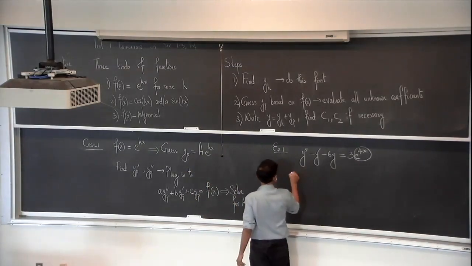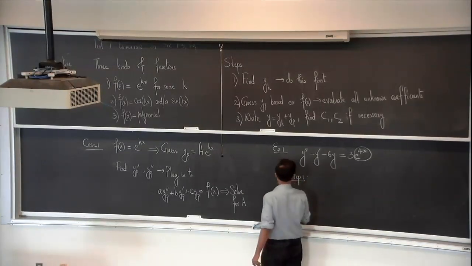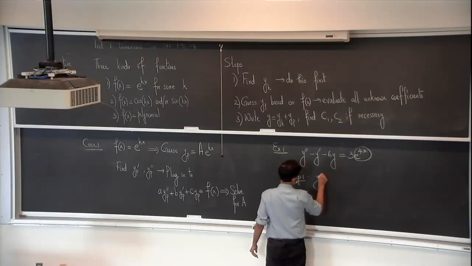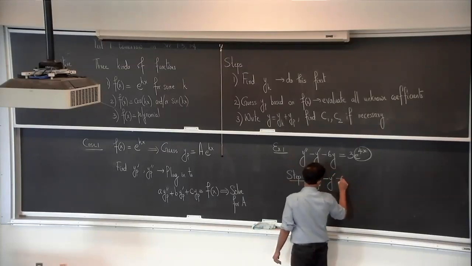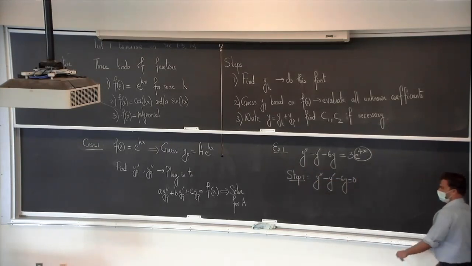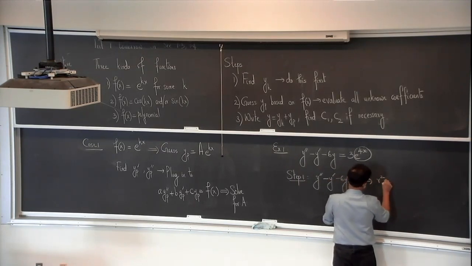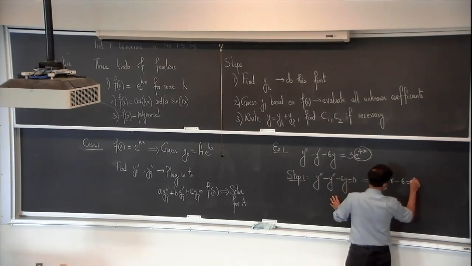Step 1, find the homogeneous solution. Okay, so y double prime minus y prime minus 6y equal to 0. Hope all of you are experts in this now. So just do this quickly. R square minus r minus 6 equal to 0. Okay.